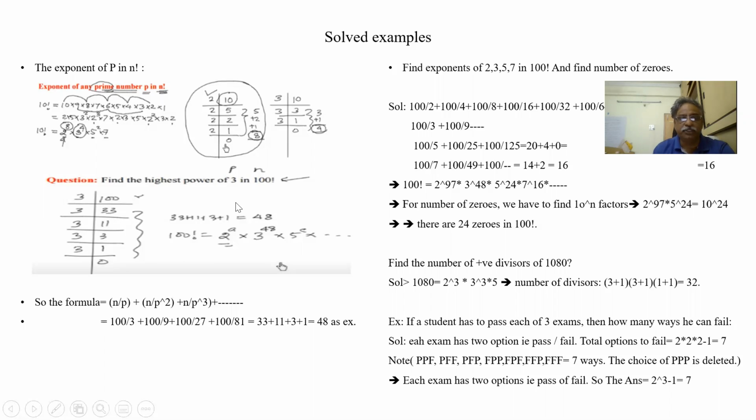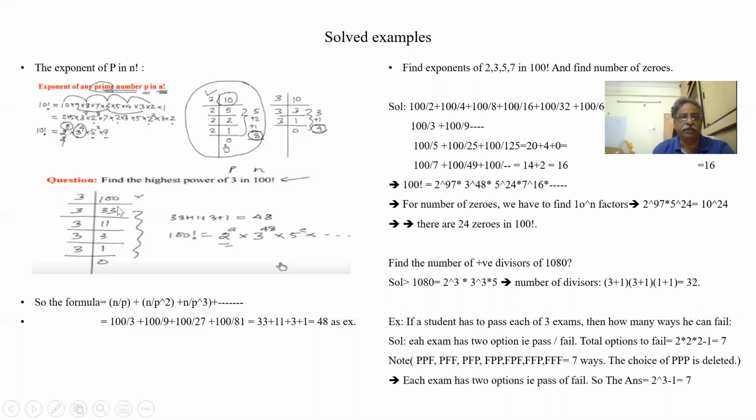So when I convert this into a formula, what am I getting here? The formula is n by p plus n by p square plus n by p cube, like that. Here, n by p means 100 by 3, that is 33. So you are getting 33 plus n by p square, 100 by 9, is 11, plus 100 by 27, is 3. 27 3s are 81.